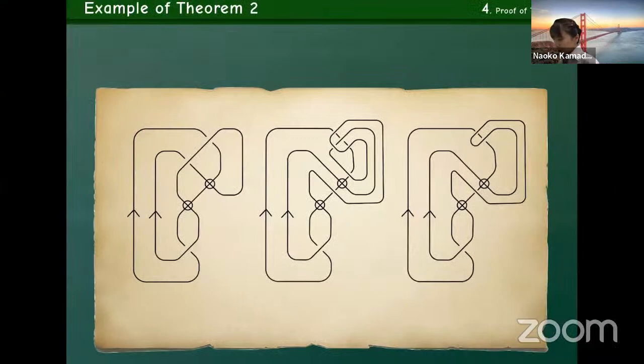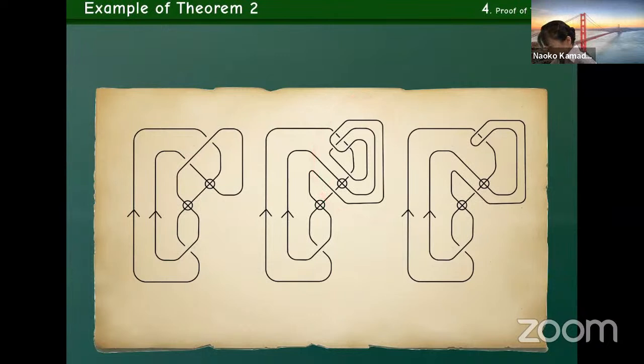So this is an example of Theorem 2. This diagram will transform to a trivial loop in this diagram. So we apply here an over finger move. Then we have this one.